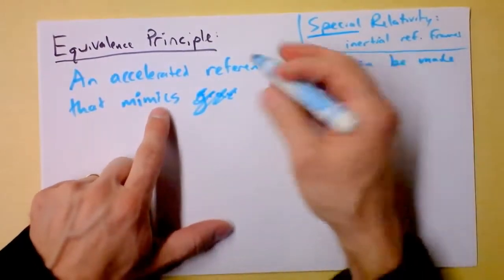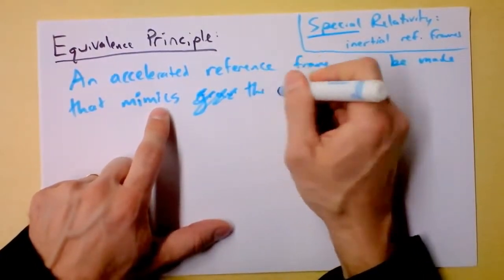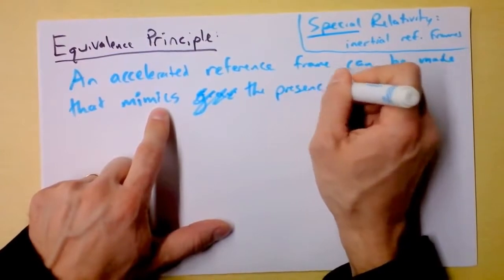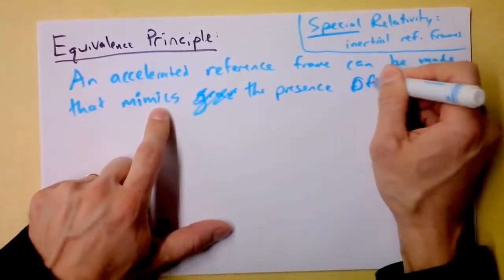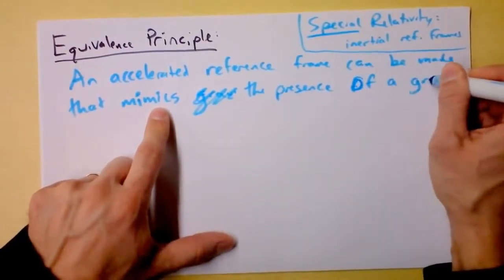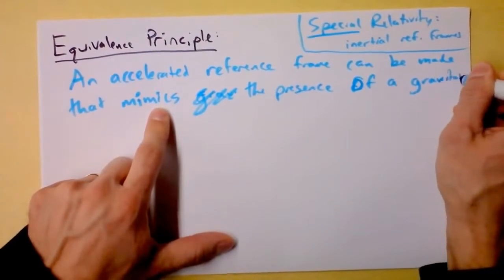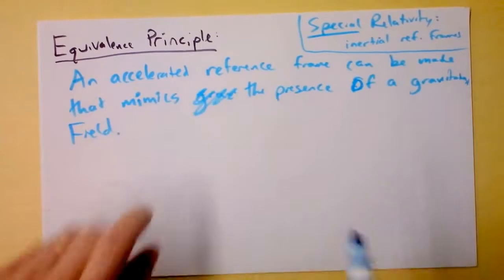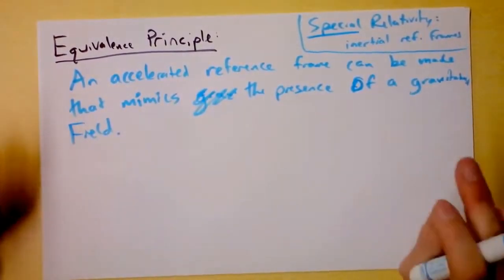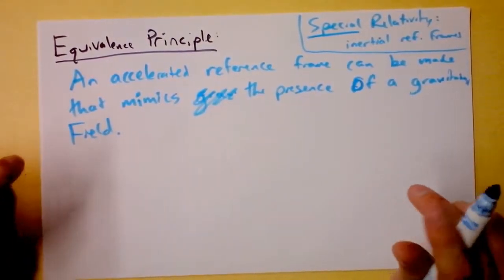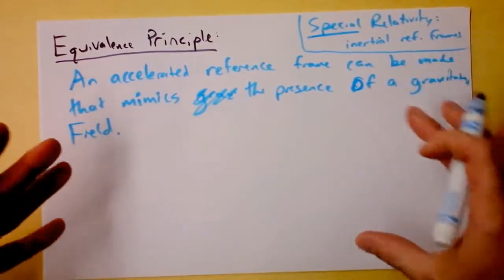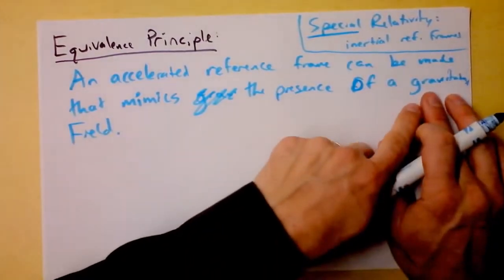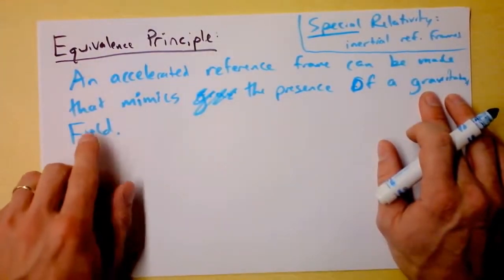I'm going to say that it can mimic the presence of a gravitational field. You can create a virtual gravitational field by accelerating something. And by extension, of course, a gravitational field exists when you accelerate something.